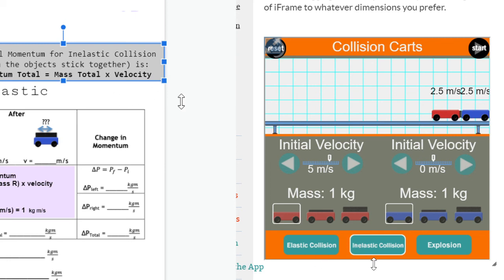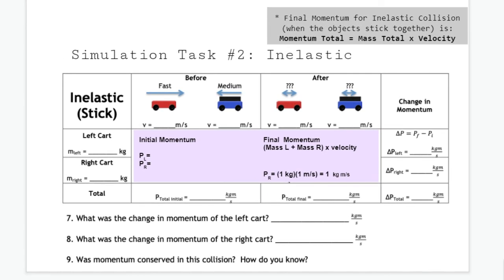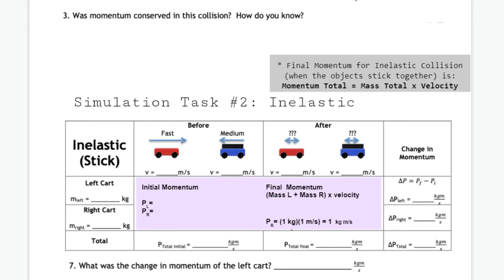And I guess one other bit of info, if you're not sure what to do about the mass, if the picture shows those little black rectangles above the cart, then that means that it has some mass there.